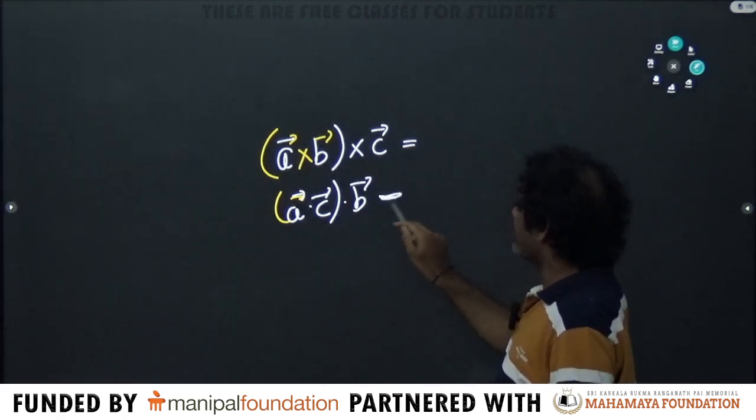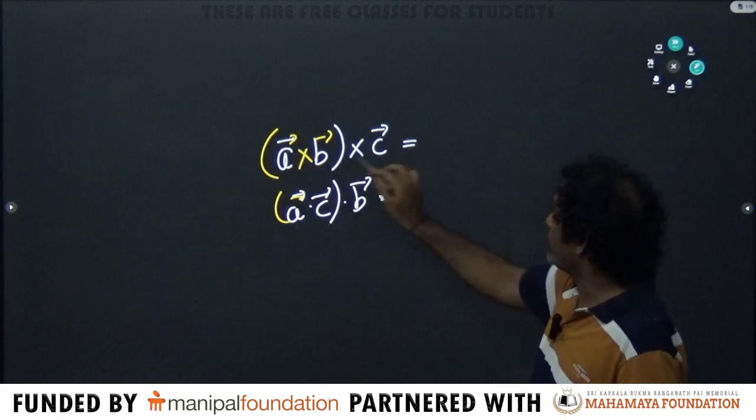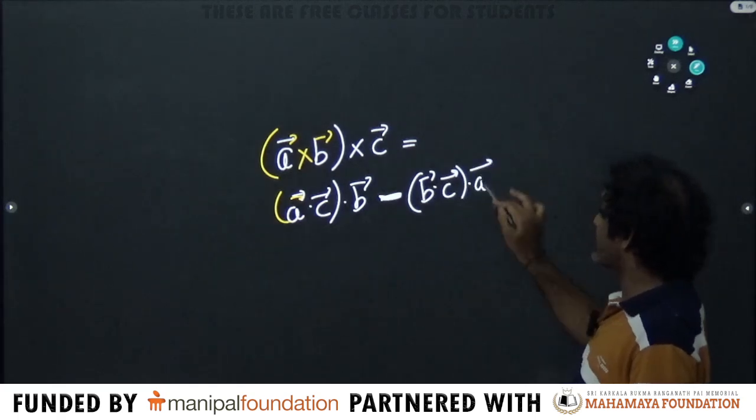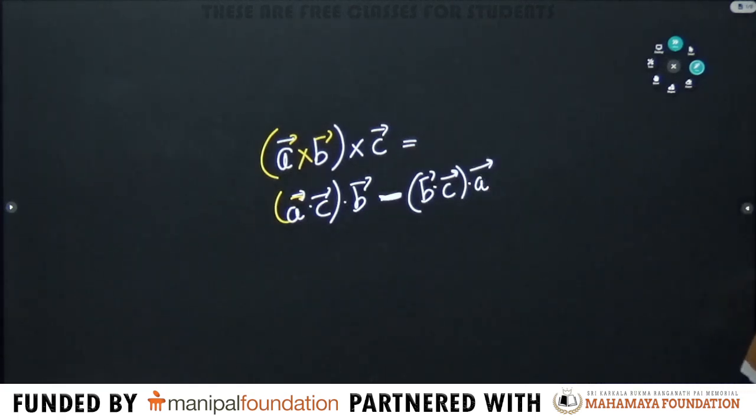B. But here minus will come. Now go with the second and third, B and C, and the remaining one is A vector. Write this and it's done. Fine, right?